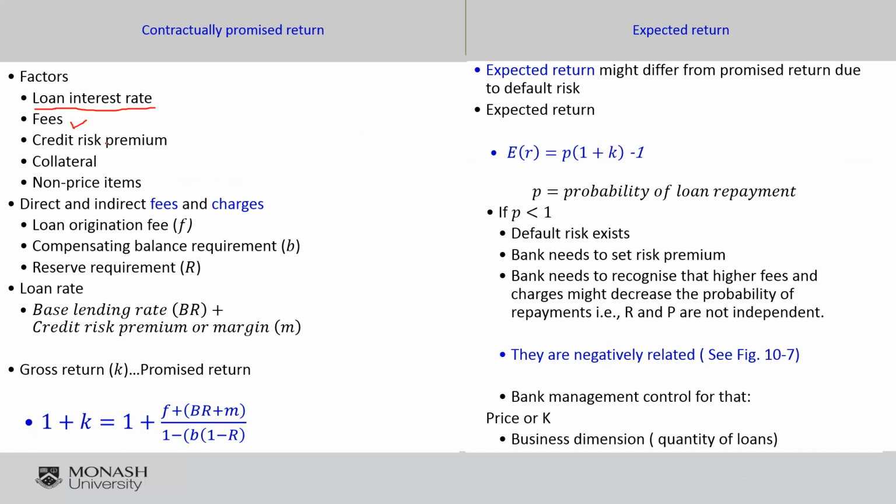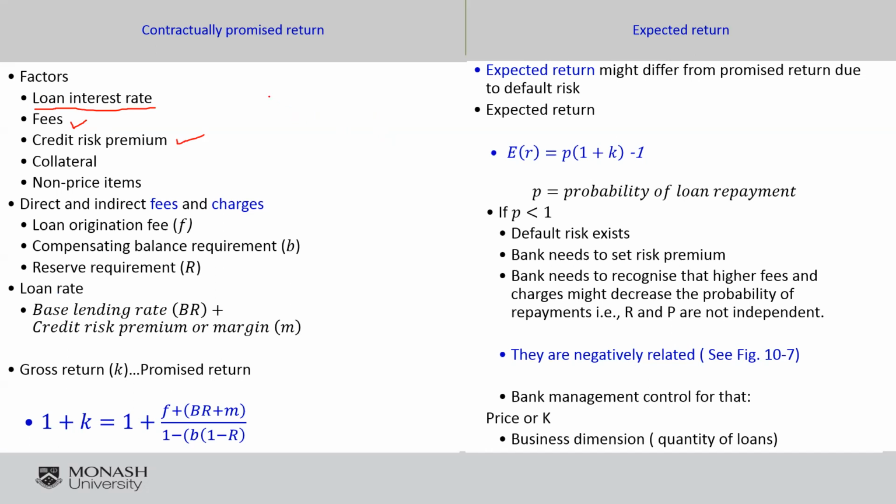In each loan, you have to charge a fee, like the admin work and all these things to serve the loan. And then they take a credit risk premium. What is the credit risk premium?